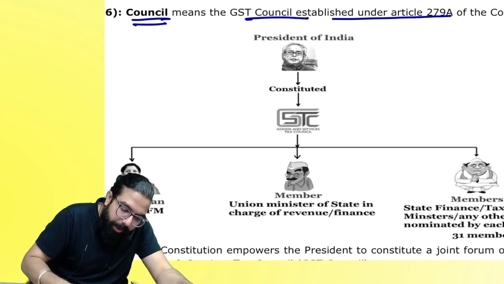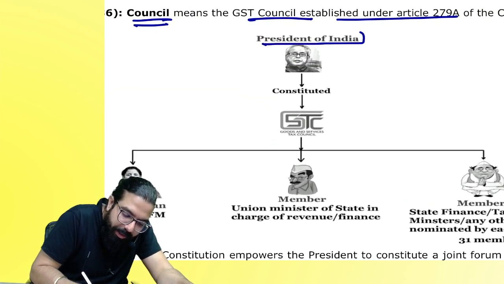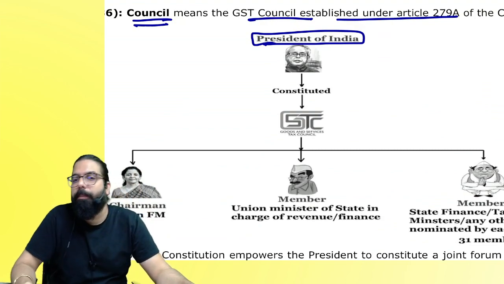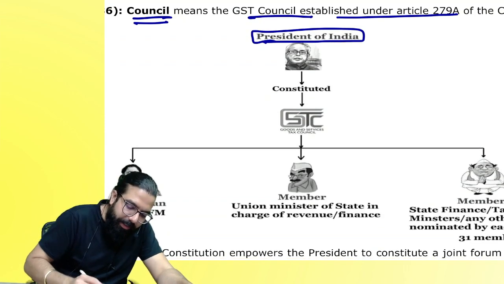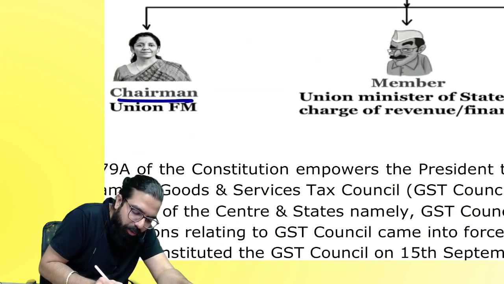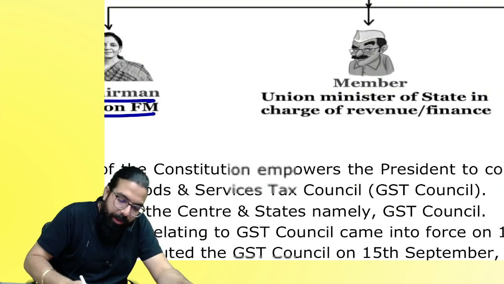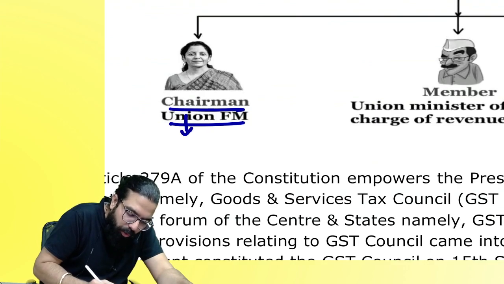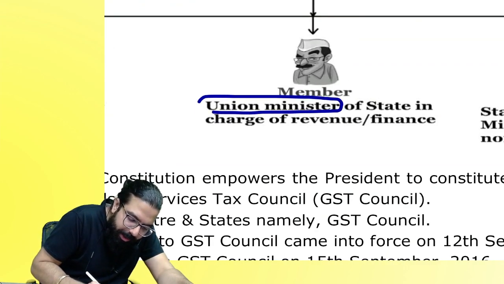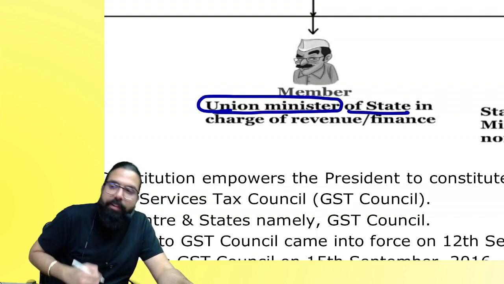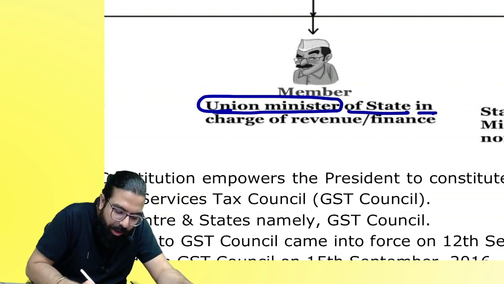Now, Baba, the GST Council was constituted by the President of India, the late Mr. Pranab Mukherjee. He constituted the GST Council. In the GST Council, one member we have is the Union Finance Minister. Union means whose person is this? Another person is also a Union Minister. His name is Union Minister of State, and he is in charge of what, everyone?